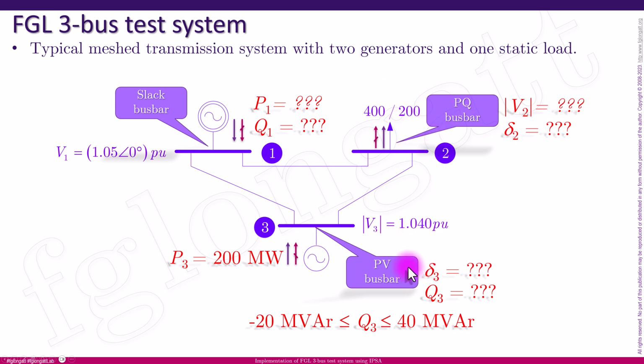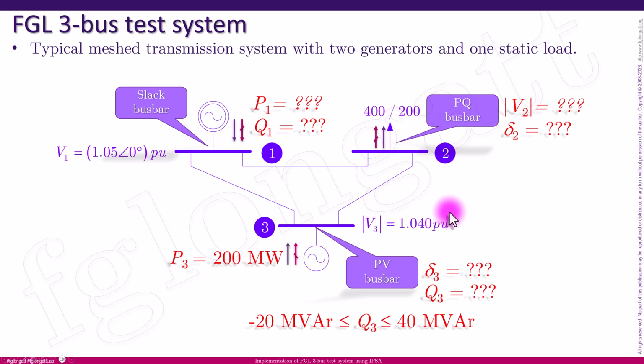What is interesting and very useful for my students and also everyone watching this video is generator 3. Generator 3 is operating in what we call the PV mode: constant power, constant voltage. That means this generator will deliver 200 megawatts, and it will try to control the bus voltage at a magnitude of 1.04 per unit.